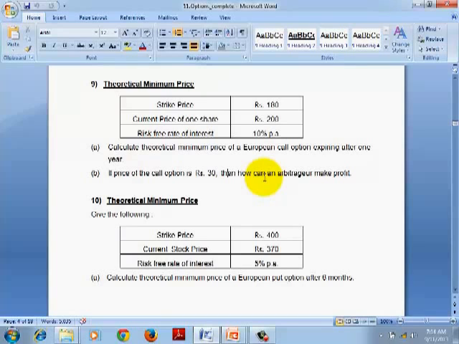And since you want to make an arbitrage, if something is undervalued, what should you do? Yes, buy it, because then you would make profit. So see how you can make profit here.